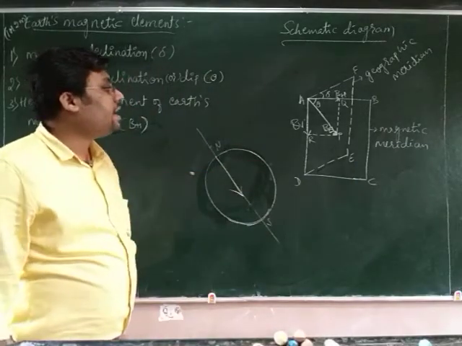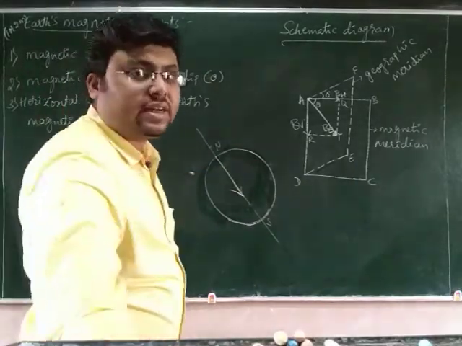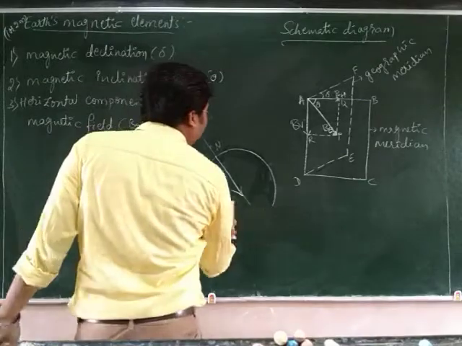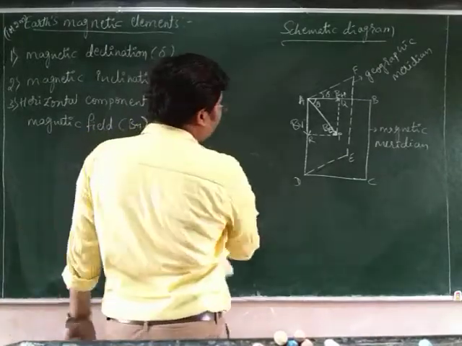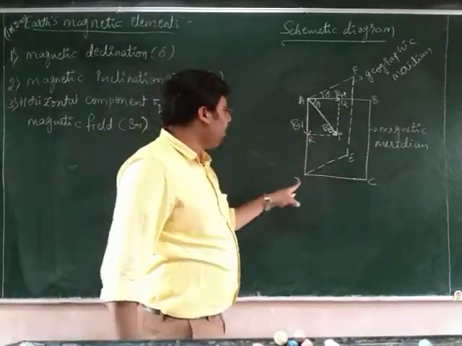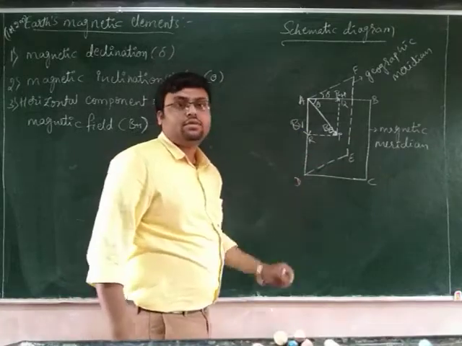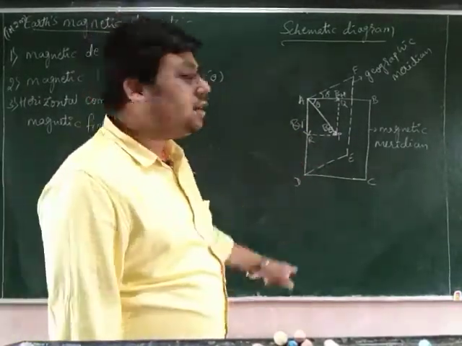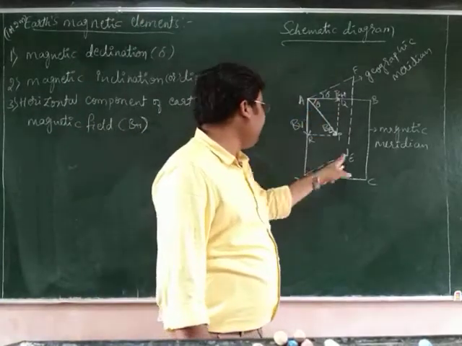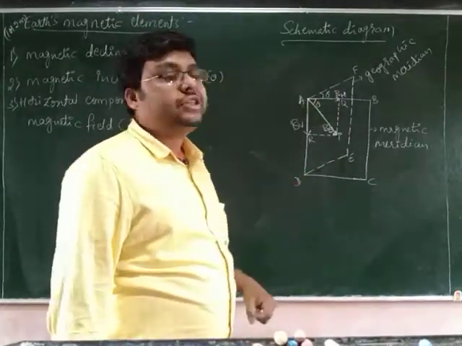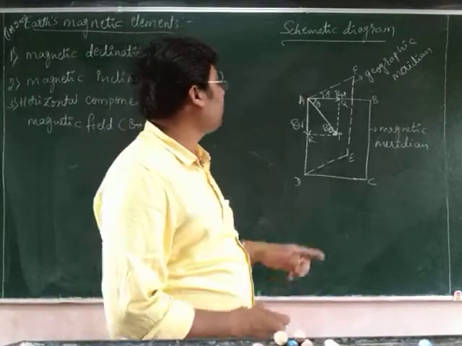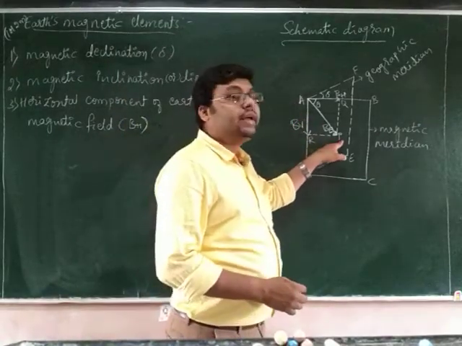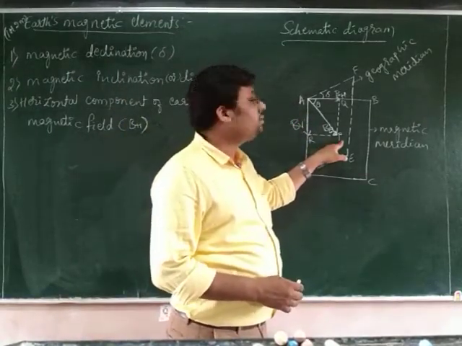So this is a schematic diagram. Here the angle is called the magnetic meridian, and the dotted line is called the geographic meridian, and AP is Earth's total magnetic field.